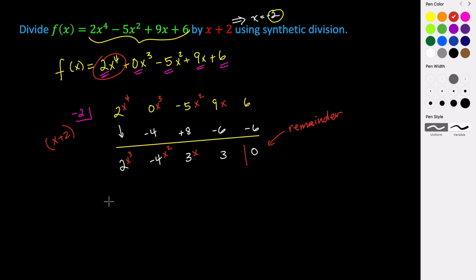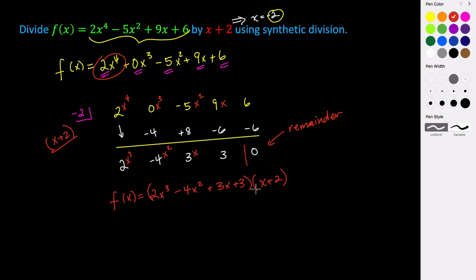So our new function, we can just actually still call this f of x. Our factored function is going to be 2x cubed, and then minus 4x squared, plus 3x plus 3. And then this whole thing, we can say is being multiplied by x plus 2 because we just found that x plus 2 is in fact a factor of this entire polynomial function.